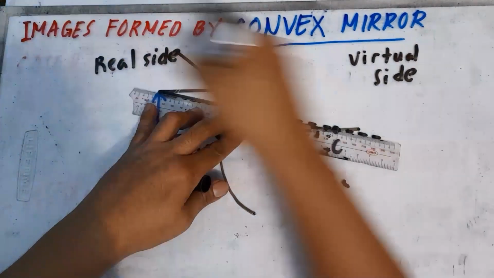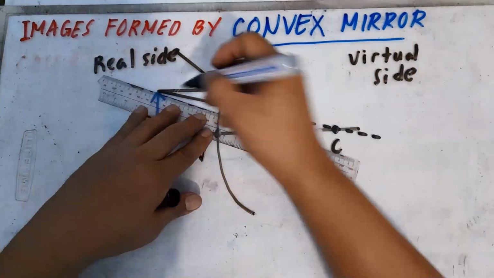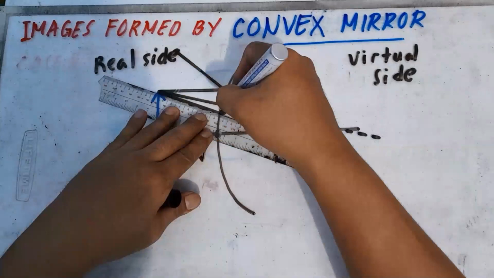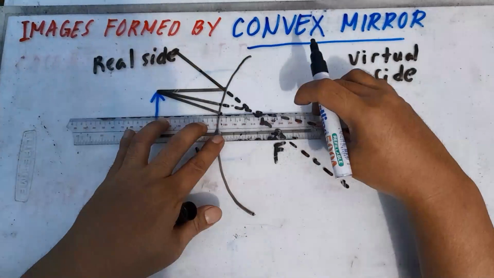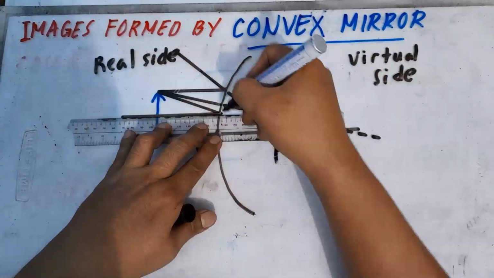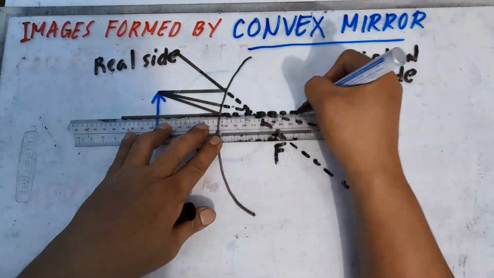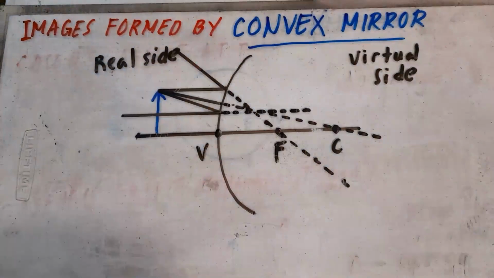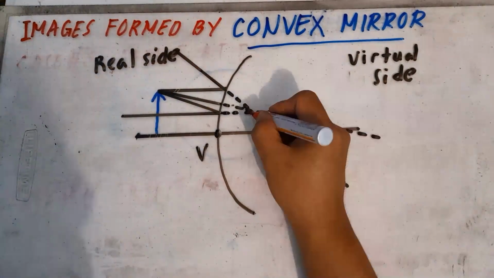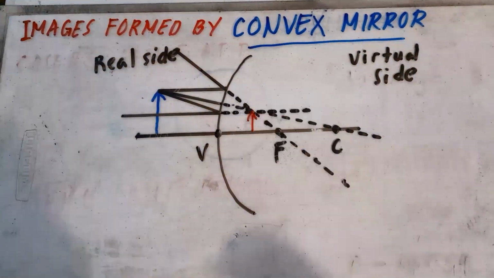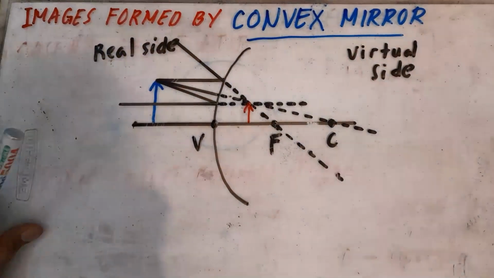Okay, next, a ray passing through the focus, and then it will be reflected parallel to the principal axis. The reflected light ray will be reflected on the virtual side using the broken line. So as you can see, the intersection of light rays occurred here. Therefore, that is our image. Okay, let us describe the image using LOST method.